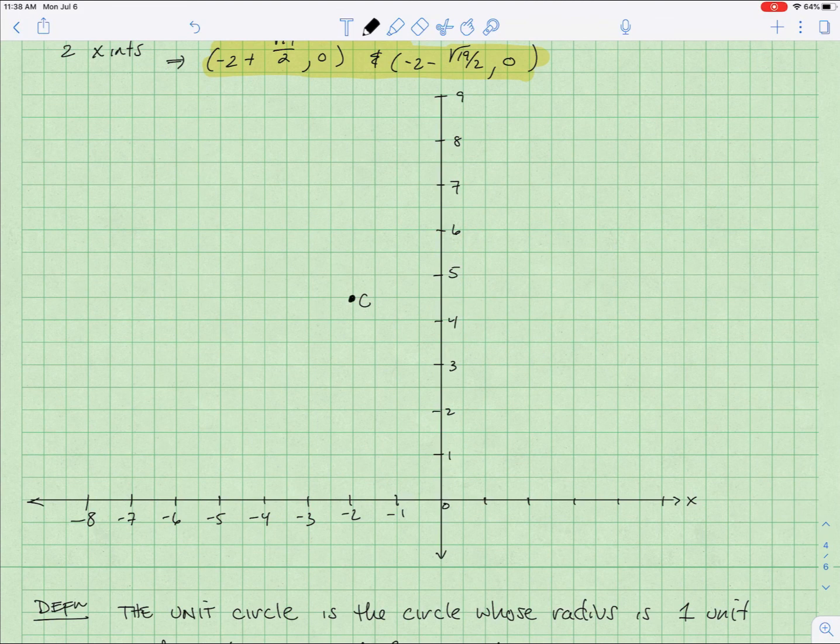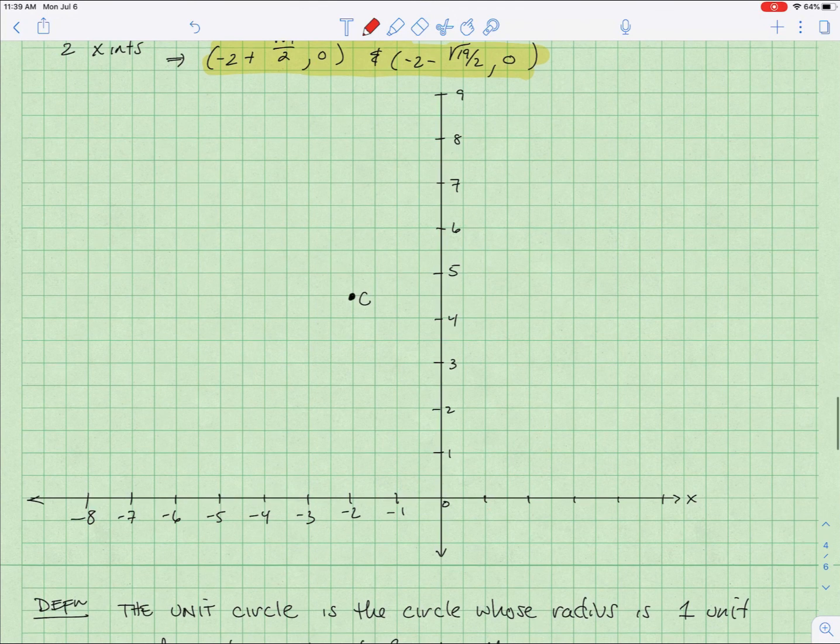And let's see what we got here. So we'll go 1, 2, 3, 4, 5. Whoops, 1, 2, 3, comma 9/2 will be 5 units to the right. R equals 5. We'll go 1, 2, 3, 4, 5 units to the left.